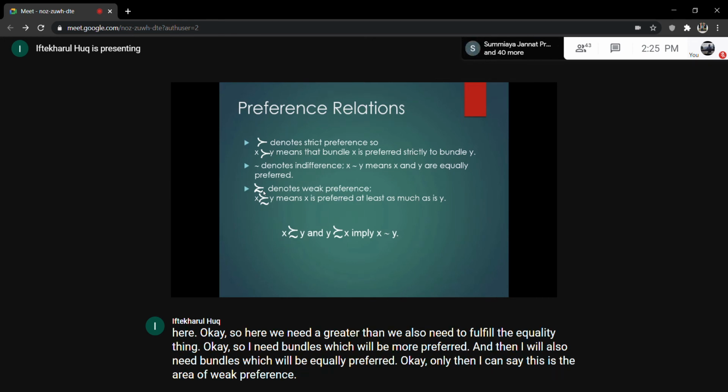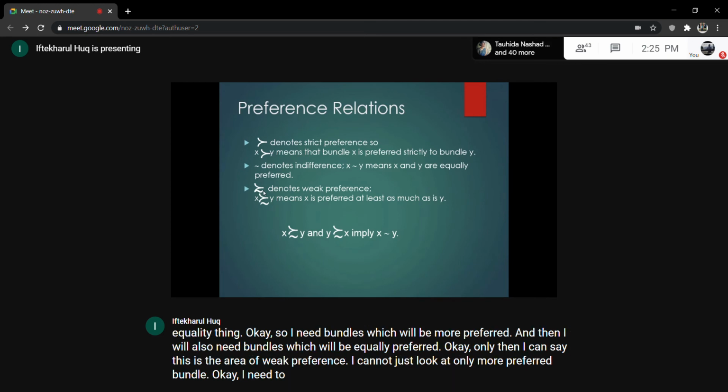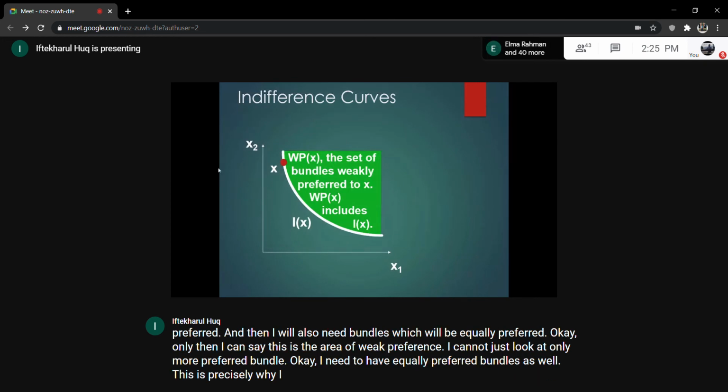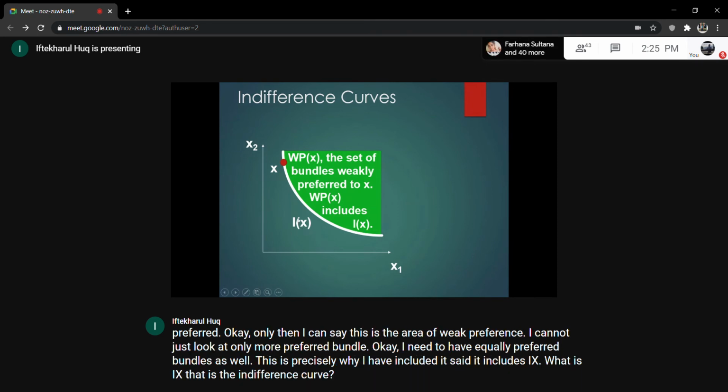I cannot just look at only more preferred bundles. I need to have equally preferred bundles as well. This is precisely why I have included IX. What is IX? That is the indifference curve which has X in it.